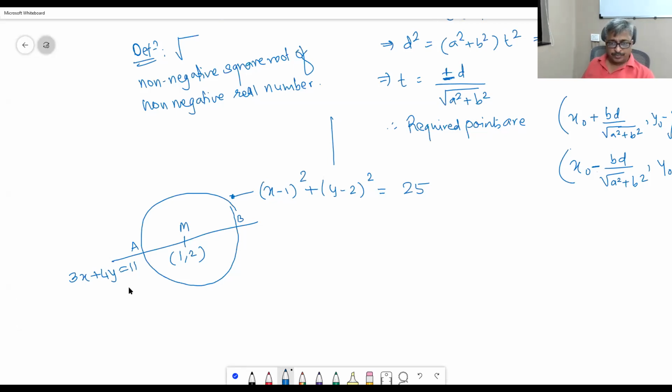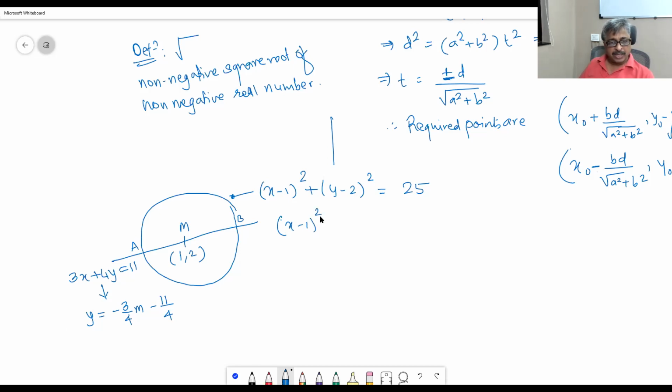Okay. So I have to solve these two, line and the circle, simultaneously. So it is always good to convert this into y is equal to mx plus c form, because I can substitute y in that case. Y is equal to minus 3 by 4, that is m, minus 11 by 4, that is c. Is that okay? So practically I am doing parameterization here itself, but let us see how it looks when we solve it like that.